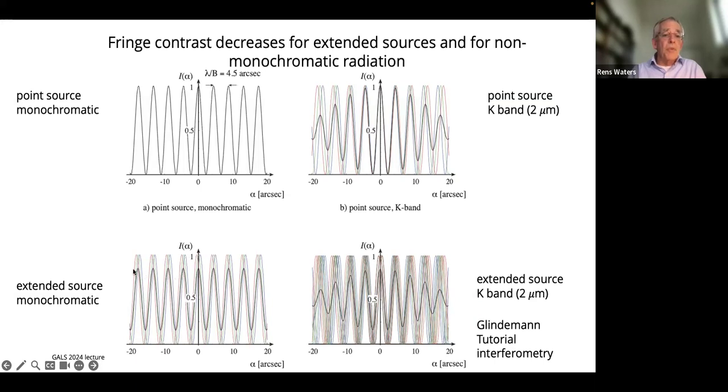Because of the smearing out of the different phases, your fringe contrast actually goes down. And that means that you actually spatially resolve the object.